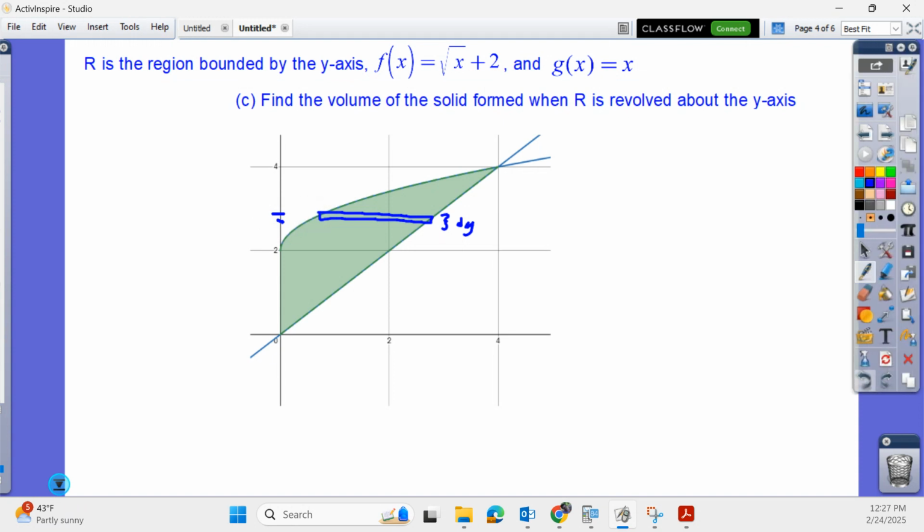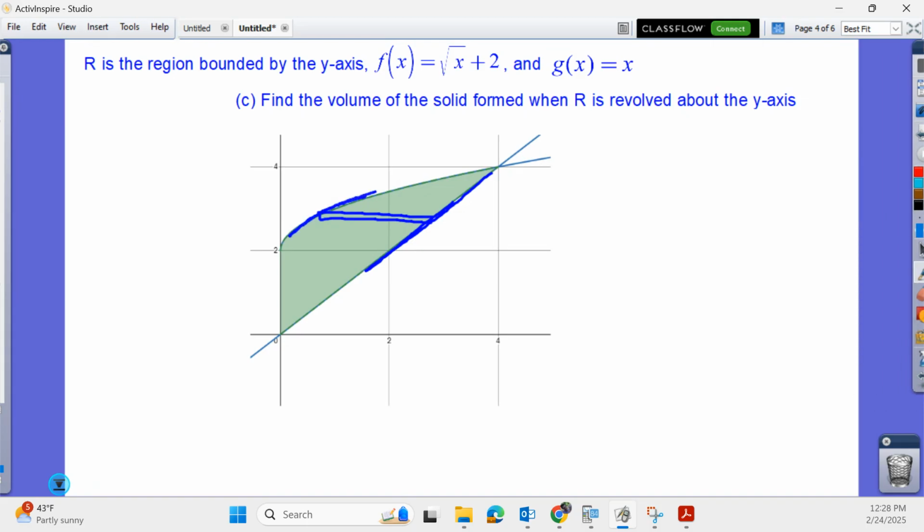And then the length of these rectangles is a difference in x values of the curve. So this curve and this curve, it's the difference in those x values. So we're actually going to have to solve each curve for x in terms of y. And we're going to integrate with respect to y. We're going to use the inverses of these functions so that it's with respect to y instead.